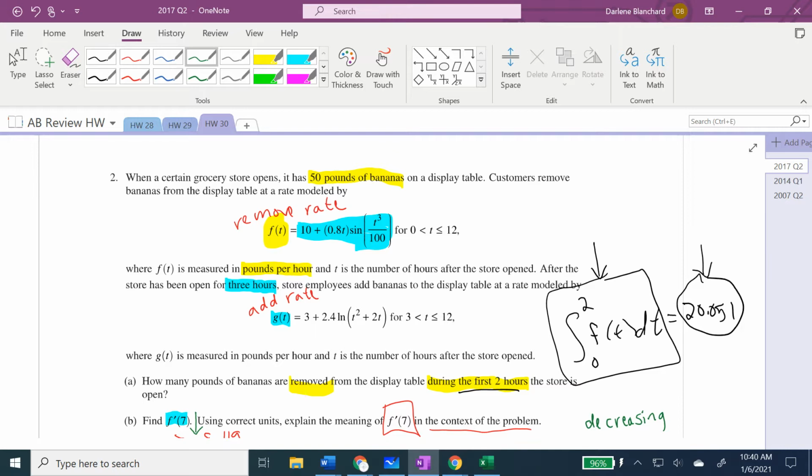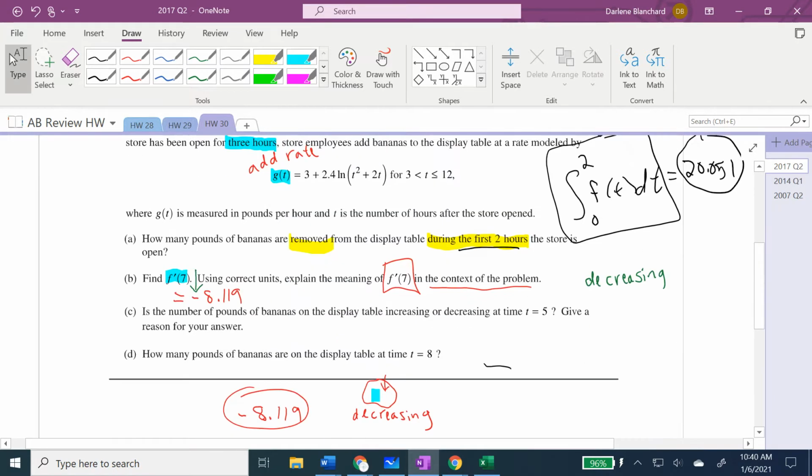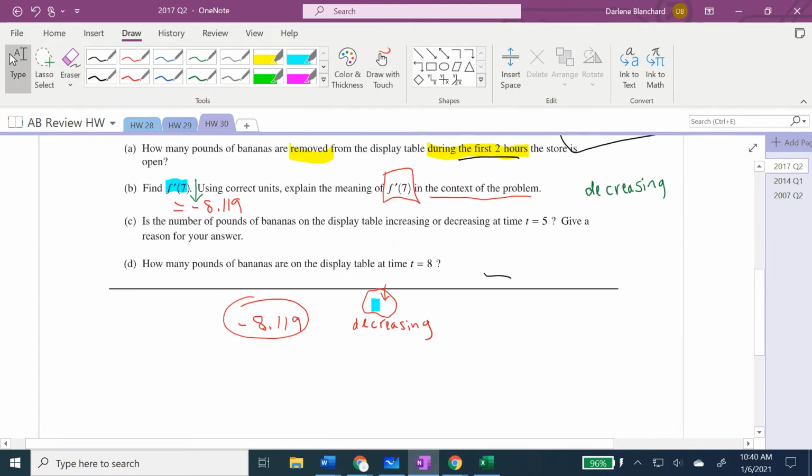So you could say the number of bananas being removed is decreasing. Or wait, did I say that right? The rate at which bananas are being removed is decreasing. I think I said that incorrectly when I first said that. Because F is the rate at which bananas are being removed.